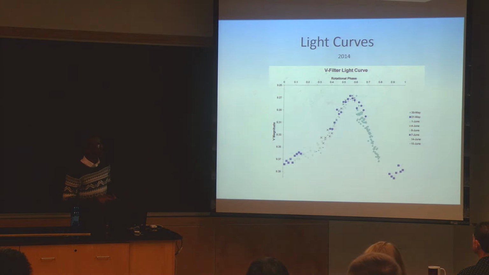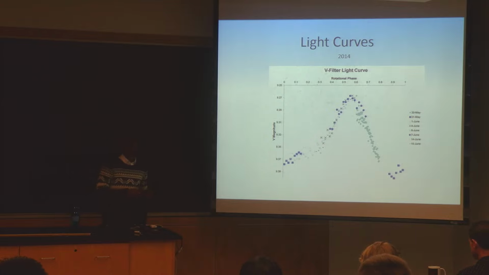After we have taken the images and performed the necessary image reductions, what we end up having is a light curve. Basically, you look at Ellipticus, for example, in our case, and you determine its magnitude across different images that are taken at different intervals of time.